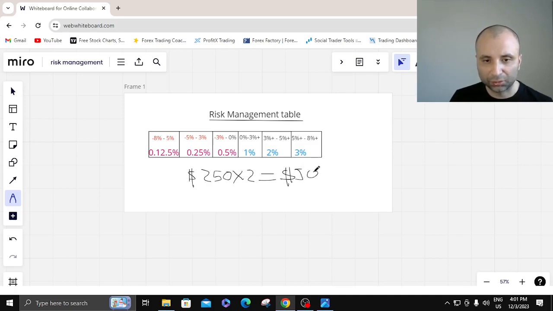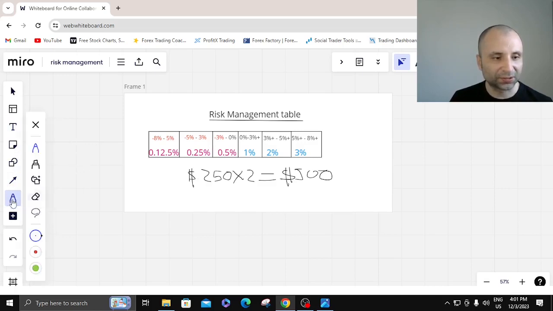So 2 times the risk, okay? 2 times the risk. It's really important. Let me make this 5, beautiful 5, perfect.